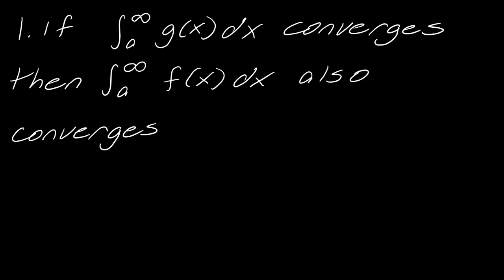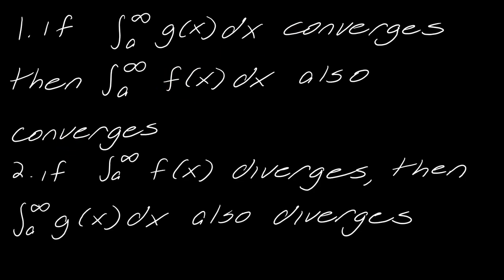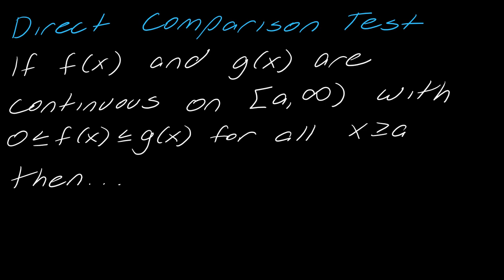If g of x converges, then f of x also converges. But now look at the other part of this. If f of x diverges, then g of x also diverges. If you think about the nature of this inequality, that does make sense.